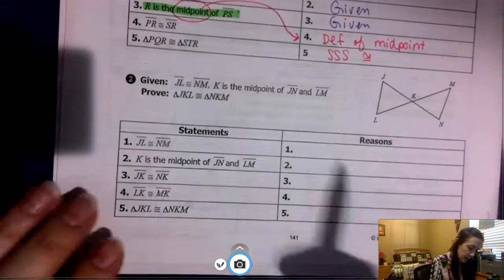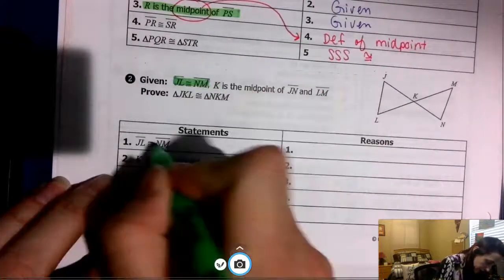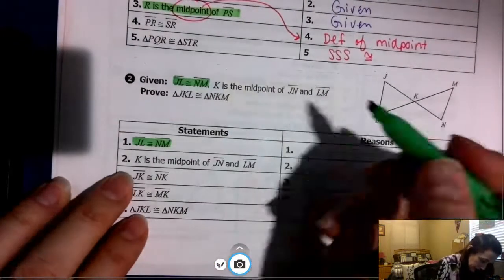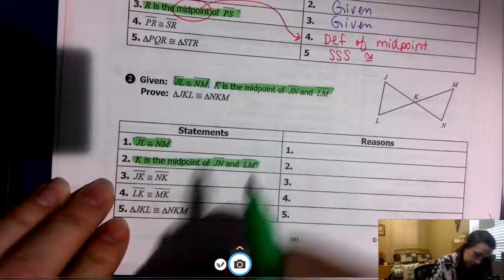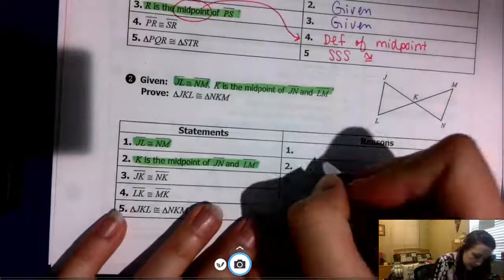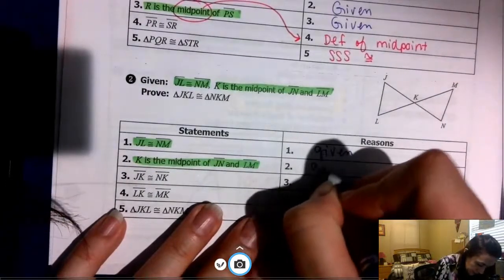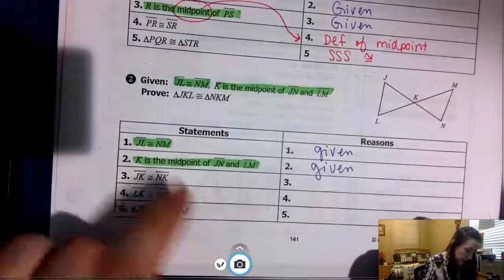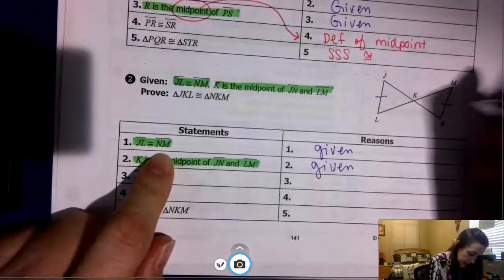I usually start with reading up here the given. JL and NM is here. K is the midpoint of these 2 right here. So again, these are given. JL is equal to NM right here.